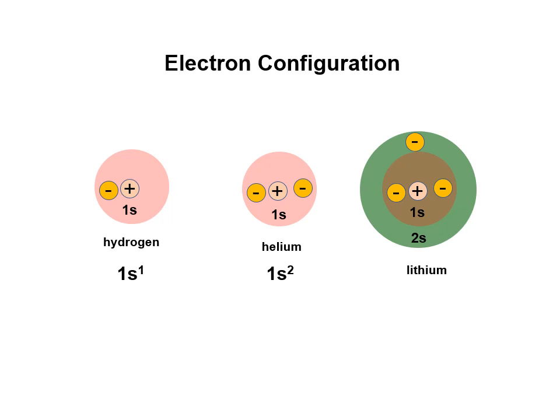So the electron configuration for lithium would be 1s2, 2s1. Notice that I'm giving the location of all three of the electrons that are in lithium. If I were to add all the superscripts together, that would give the total number of electrons that are present in that atom.